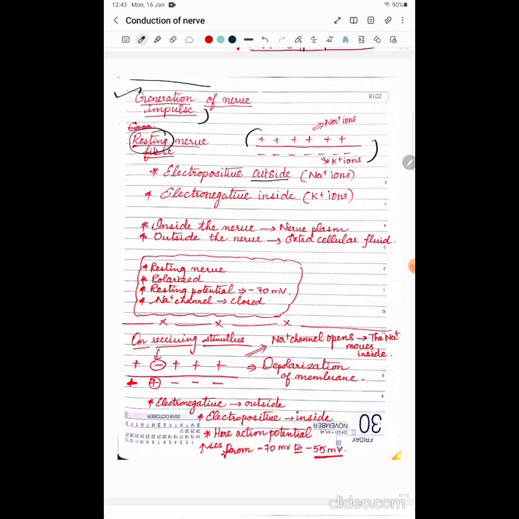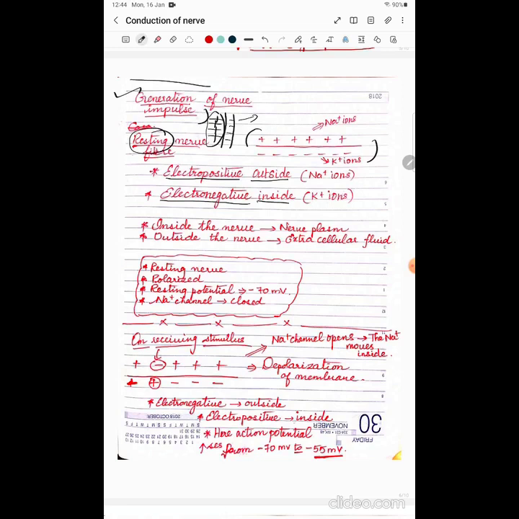In a resting nerve fiber, consider this as the nerve, the outer portion of the nerve will be positively charged, and the inside portion of the nerve fiber will be negatively charged. So the electropositive side will be the outer side, and the electronegative part will be the inner side of the nerve fiber, where the axon and these kinds of parts are situated. So electropositive outside and electronegative inside.